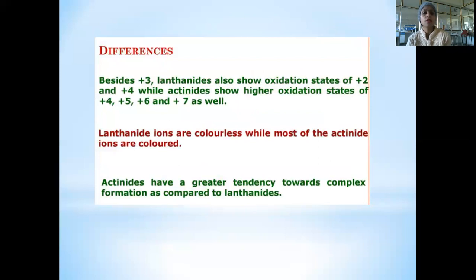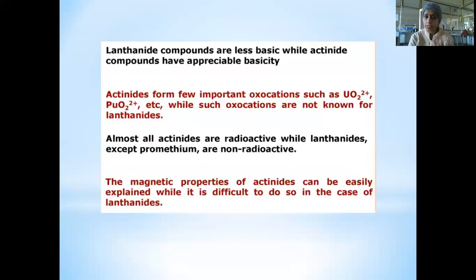Besides +3, lanthanides also show +2 and +4, whereas actinides show even higher oxidation states, like +4, +5, +6, +7. Then lanthanides are colorless and actinides are colored. And the actinides actually have a greater tendency towards complex formation as compared to lanthanides. So these are the points of difference. Next, lanthanide compounds are less basic, whereas actinides are more basic in nature.